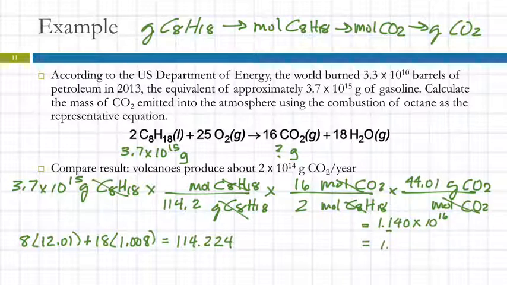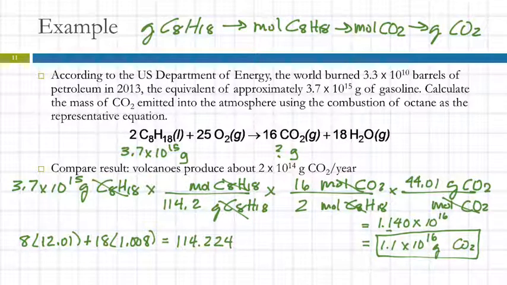So two significant figures, that's 1.1 times 10 to the 16th grams of CO2. Any questions? So that's our estimate of how much CO2 was put into the atmosphere in 2013 through combustion of fossil fuels.